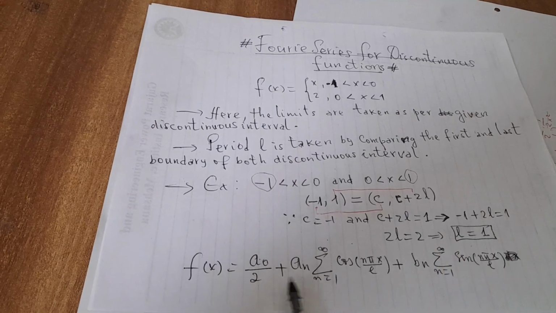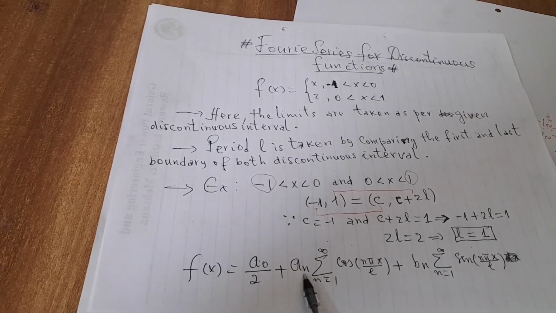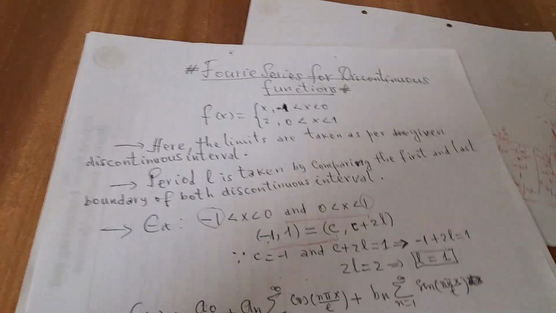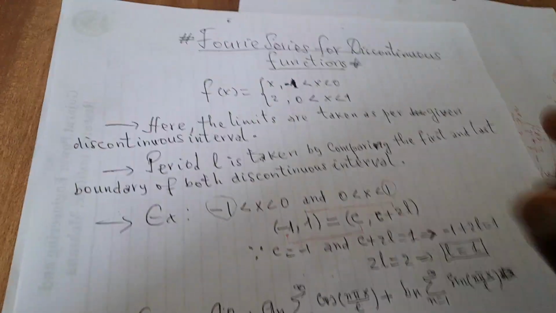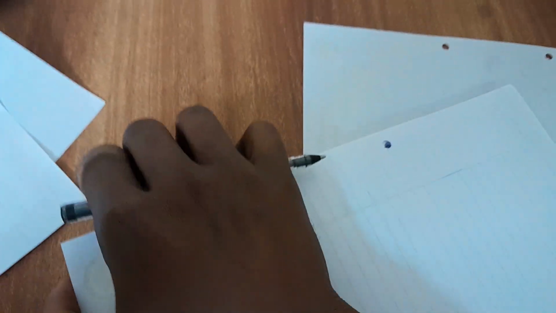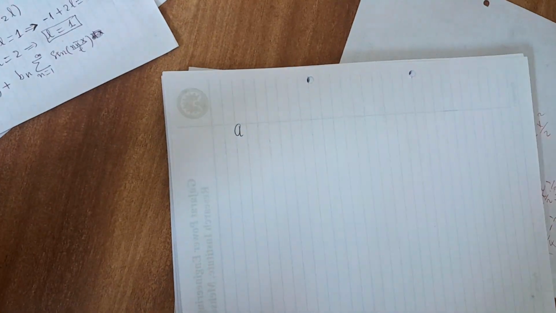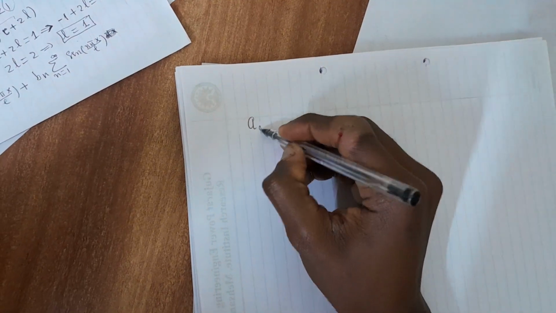Now the following step is just to find A0, An, and Bn. So now that we have this, we have to find A0.